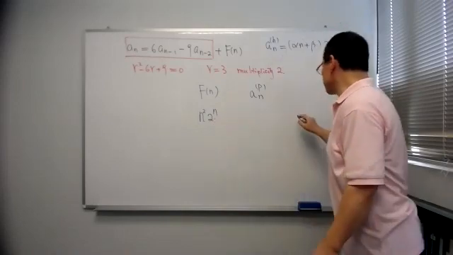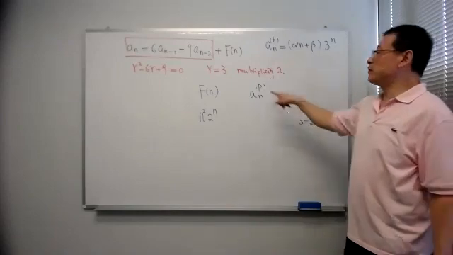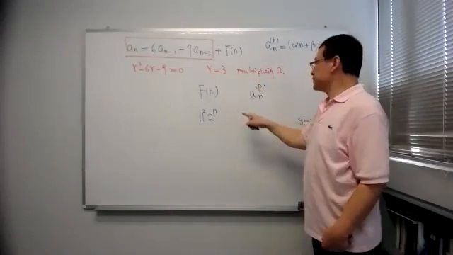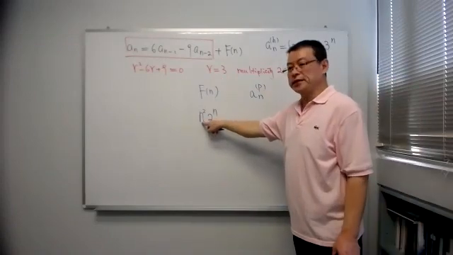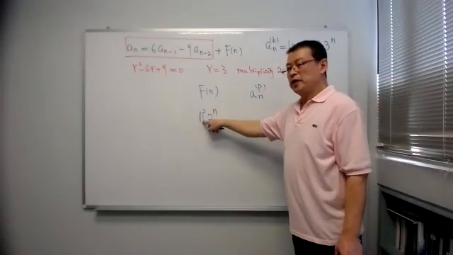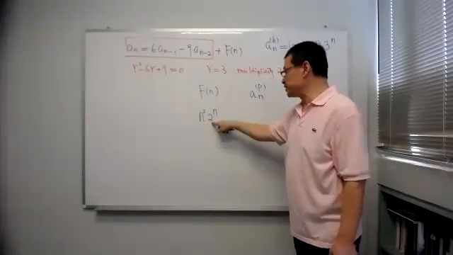In this case, S equals 2, which is different from the root r. Therefore, the particular solution will be of this form. Here is a quadratic polynomial, second degree, so we have a second degree polynomial times this one.